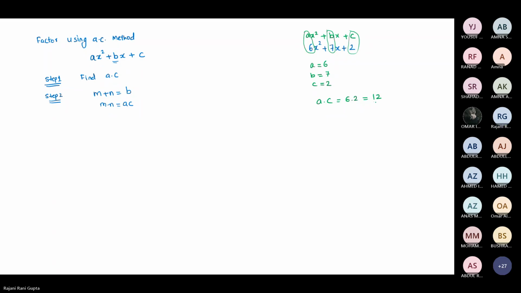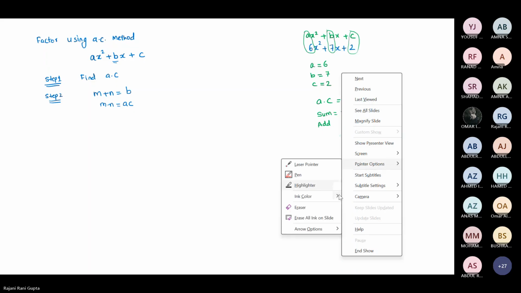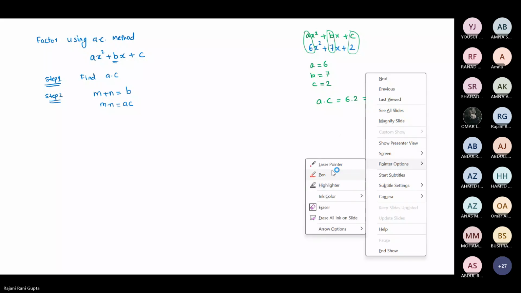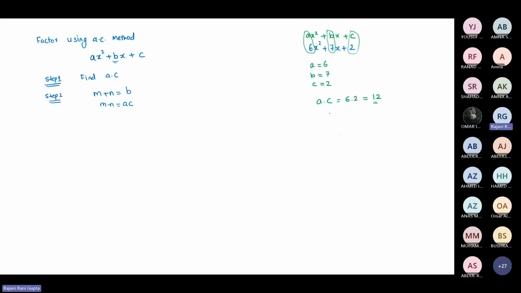Then what you have to do next? You have to first find AC. Then you are looking for two numbers, m and n, such that m multiply n is 12 and m plus n is 7.